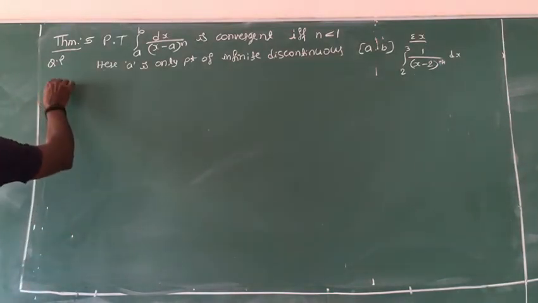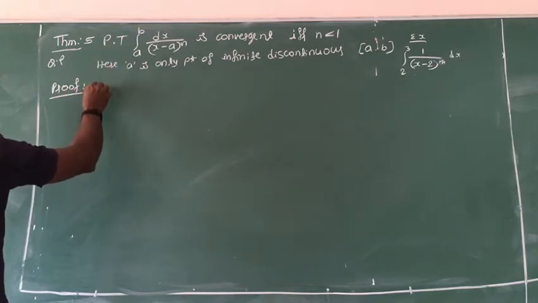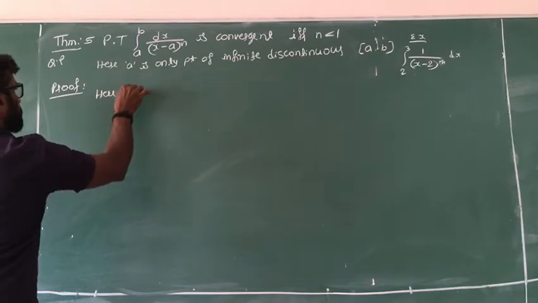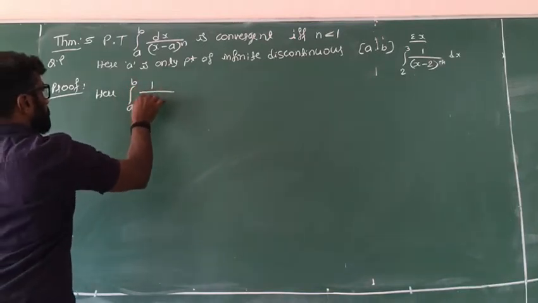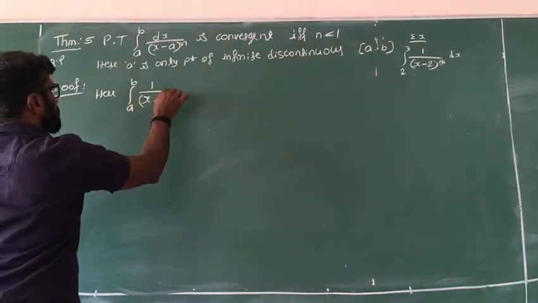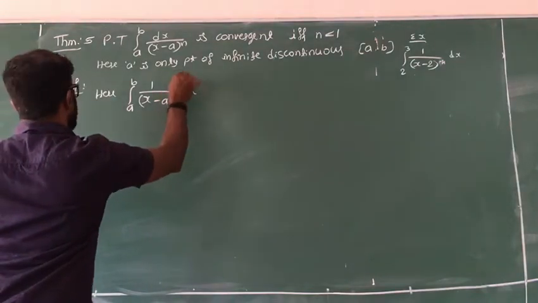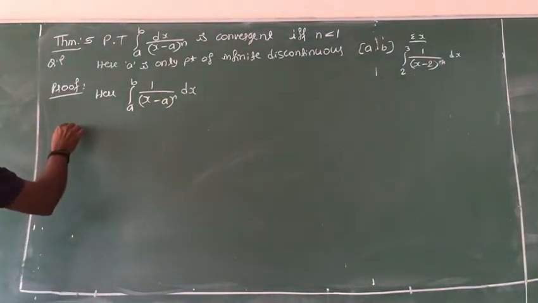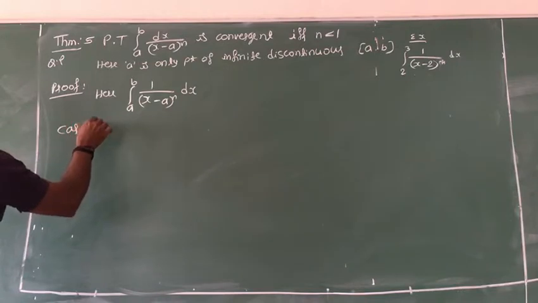Proof. Write down the given input. Here the integration of a to b, 1 divided by (x minus a) raised to n, dx is important. So case 1, it all depends upon n.